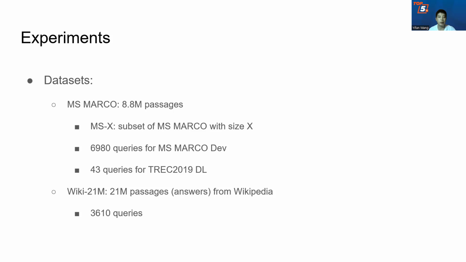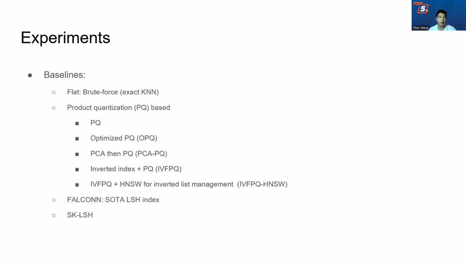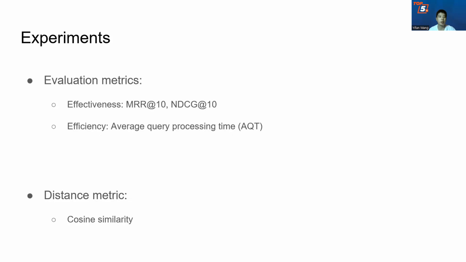In our experiments, we use two data sets, MS Marco and Wiki 21 million, and they both have thousands of queries to test. And we have several baselines: one ground truth, the exact KNN, and PQ-based baselines, and LSH-based and SKLSH.